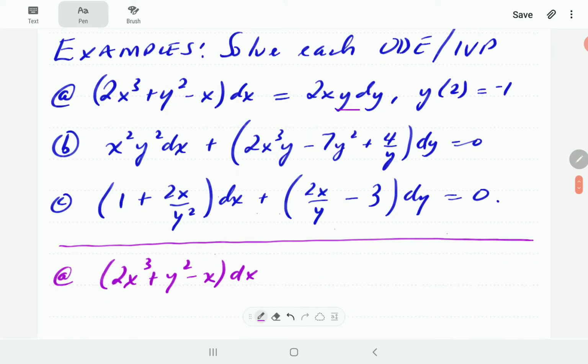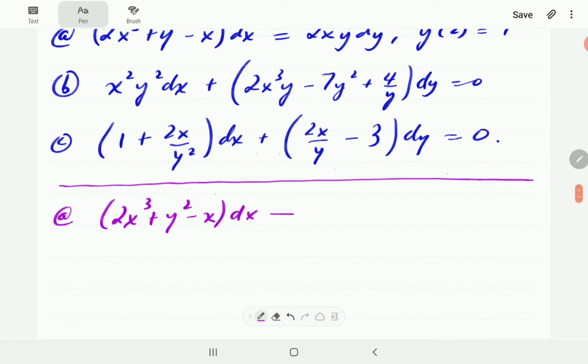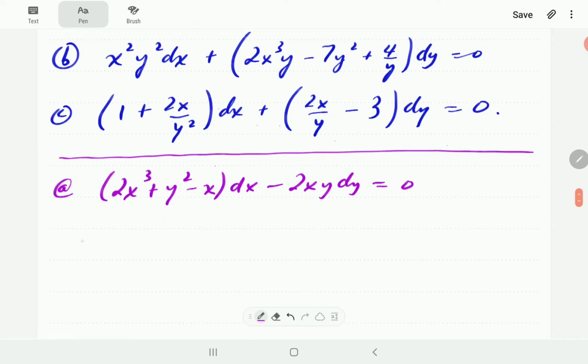Since 2xy dy is on the right hand side, we're going to bring it to the left hand side, equal to 0. So that means our M is 2x cubed y squared minus x, and our N is negative 2xy.